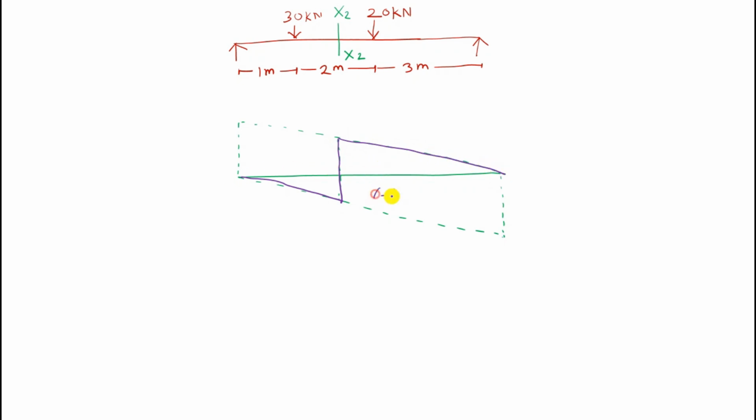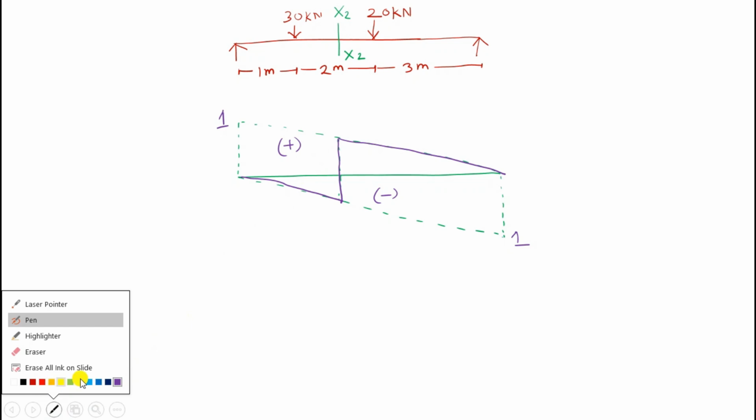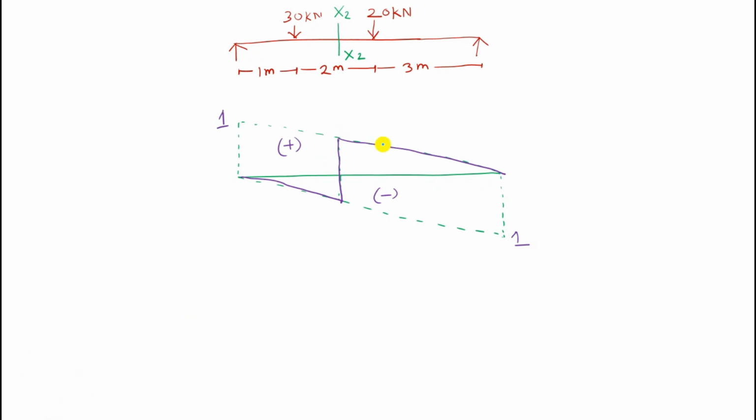So this is negative zone, this is positive zone, this value is 1, this value is 1. Okay. So this is the vertical line below the 20 kN load, and this is the vertical line below the 30 kN load. So this is suppose y7 and y8.